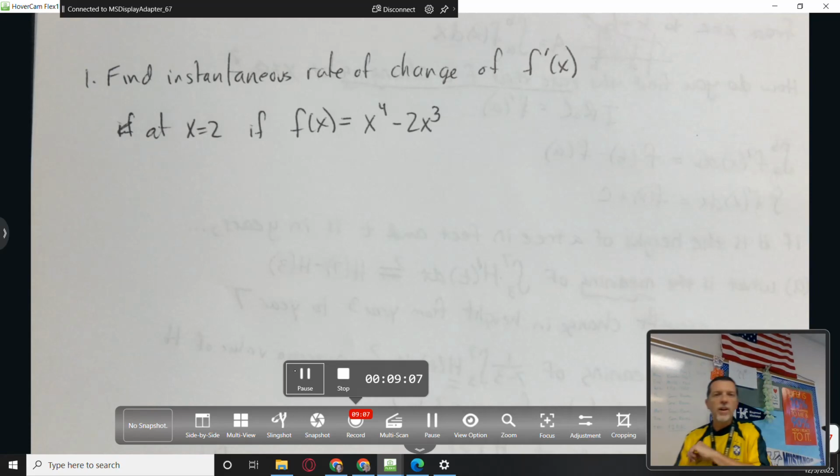I'll give you a minute to write that down. Find the instantaneous rate of change of f prime at x equals 2 if f of x equals x to the 4th minus 2x cubed.